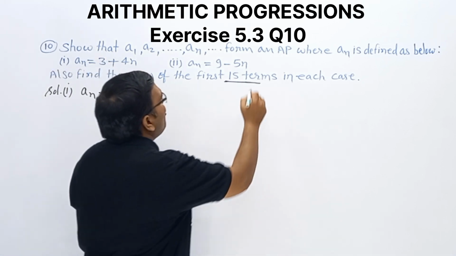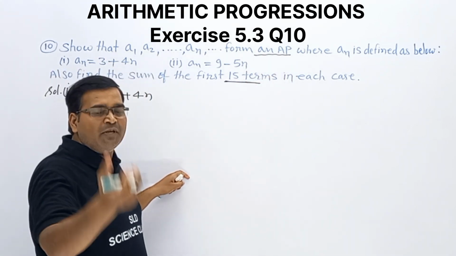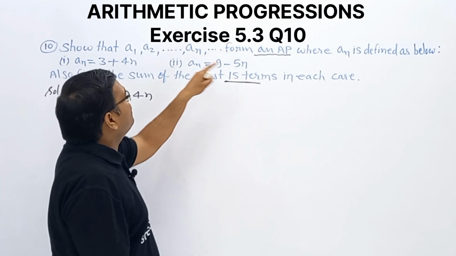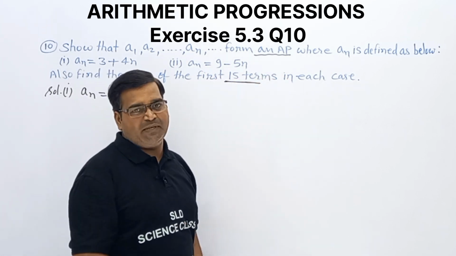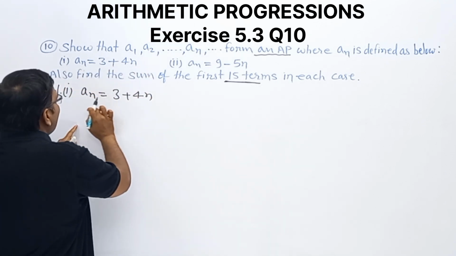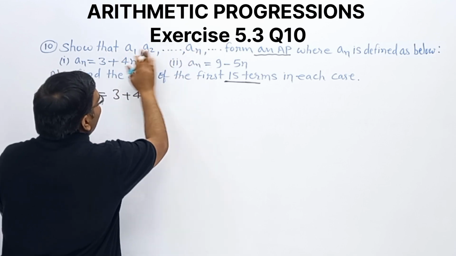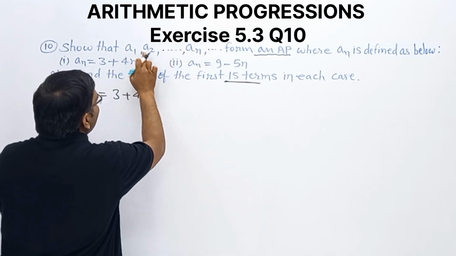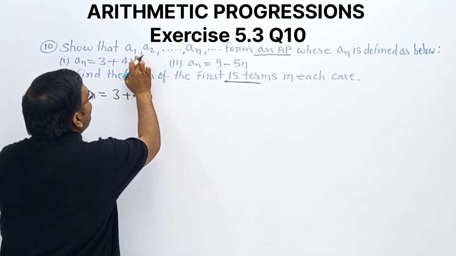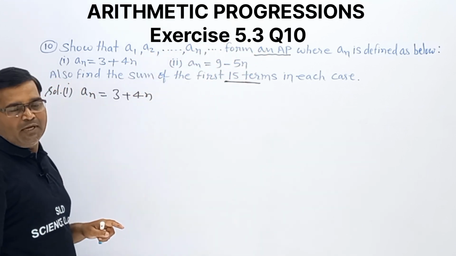We want to form the AP. Once we know the AP, then we will find the sum of the 15 terms of that AP. The AP is in the form A1, A2, A3, and so on up to AN. It means the value of n is 1, 2, 3, 4, 5, 6 up to n.